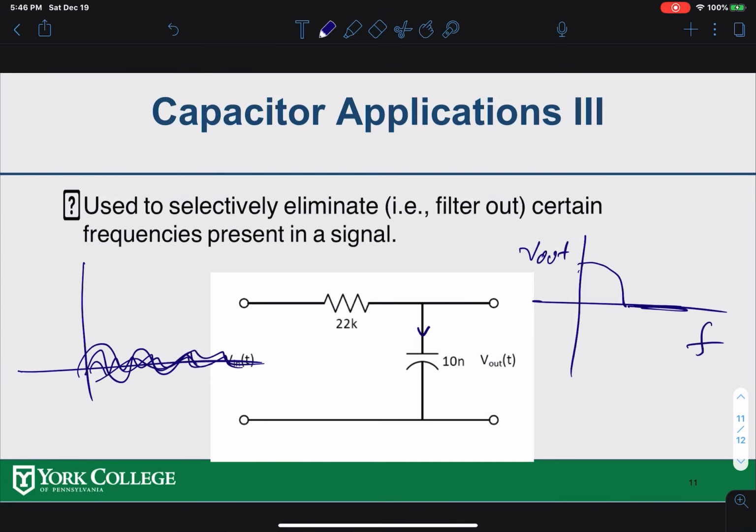So that is a filter for the frequency. That means your capacitor could be used as a DC block, as a shock absorber, and also as a filter for the circuit.